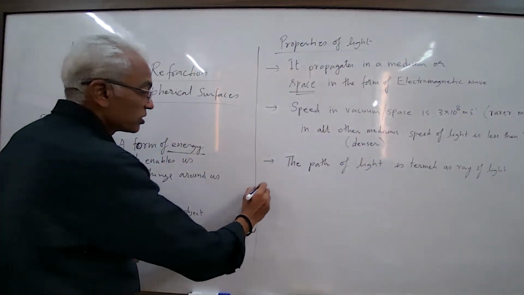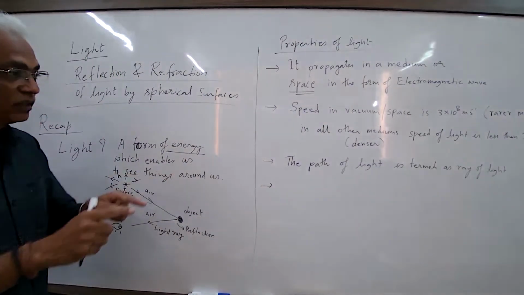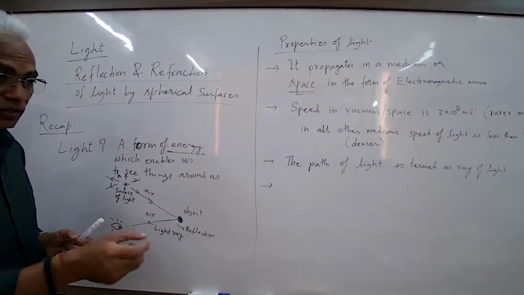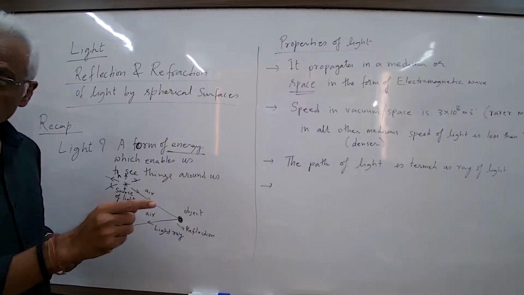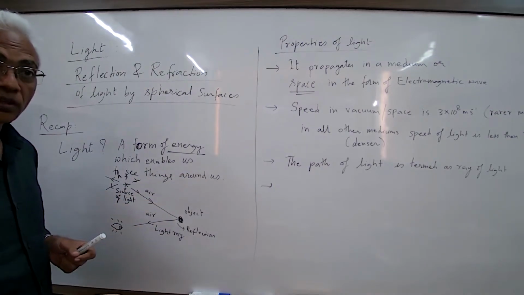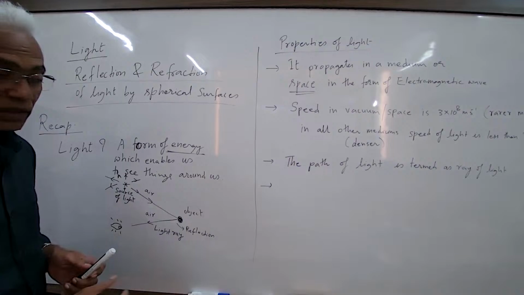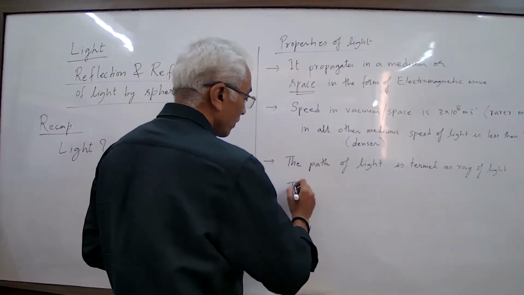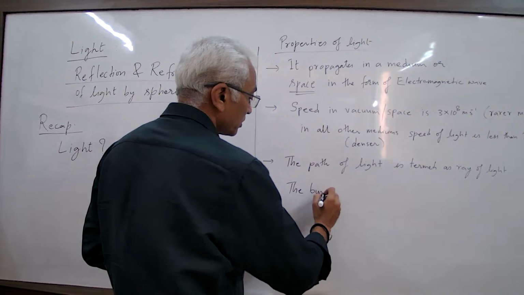It's not just one ray. If you have a laser torch, you will see a thin light ray, right? But if you have a normal torch, it will be a thick beam. So a bunch of rays is called a beam.